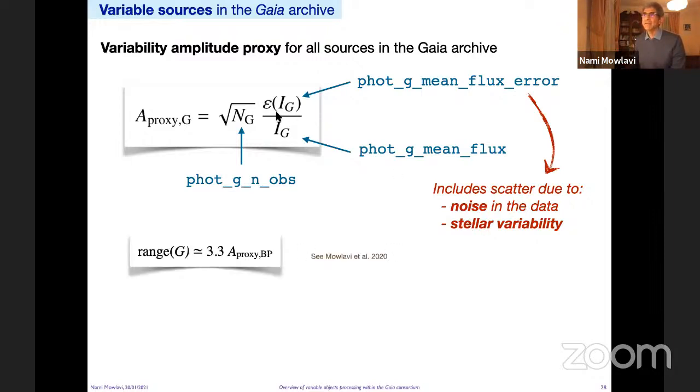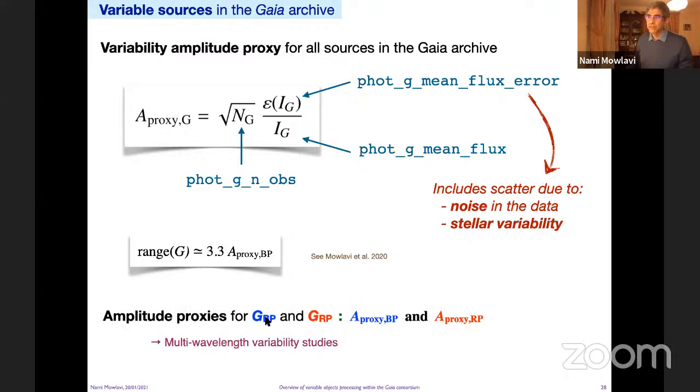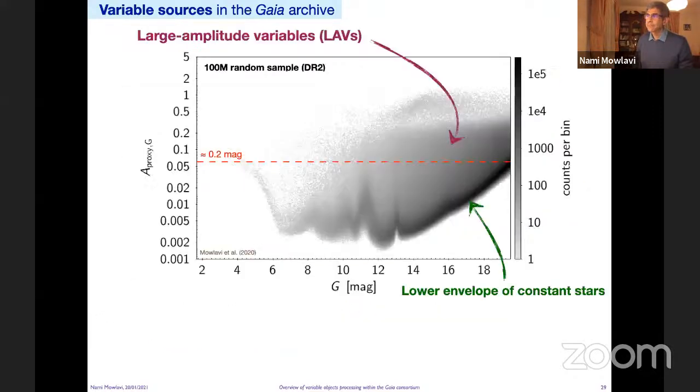And using this, we can estimate an amplitude proxy, which typically is related to the range in the time series, the light curve, with a simple factor of 3.3. And the same thing can be done for the BP and the RP.